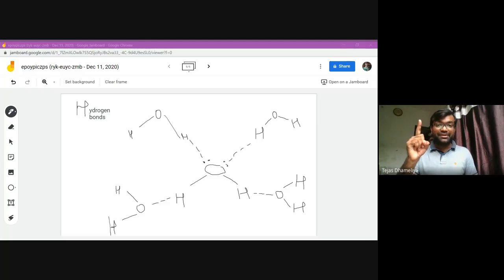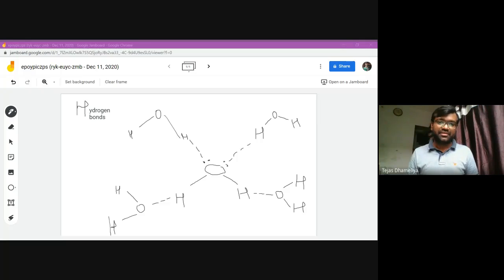1 mole of a substance contains 6.023 into 10 raised to 23 molecules. 1 mole of water is equal to 18 gram. 18 gram of water means 1 mole, which is 6.023 into 10 raised to 23 water molecules.